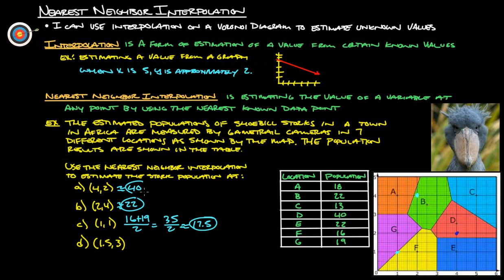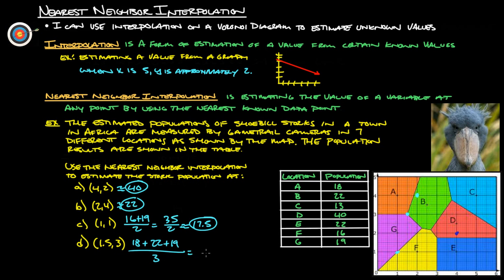All right. Okay. And then at 1.5 and 3. Oh, look at that. That's right at a vertex. So if it's at a vertex, you take the average of all of the adjoining cells around it. So we would do A, B, and G. We've got 18 plus 22 plus G is 19, and there were 3 total.